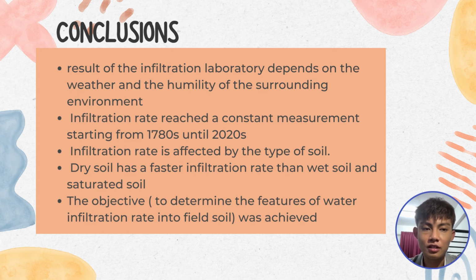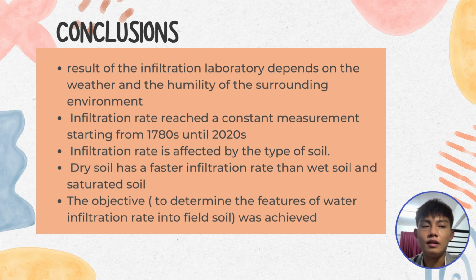The infiltration rate reached a constant measurement starting from 1780 seconds until 2020 seconds. So the infiltration rate is affected by the depth of the soil. As we know, dry soil has a faster infiltration rate than wet soil and saturated soil.